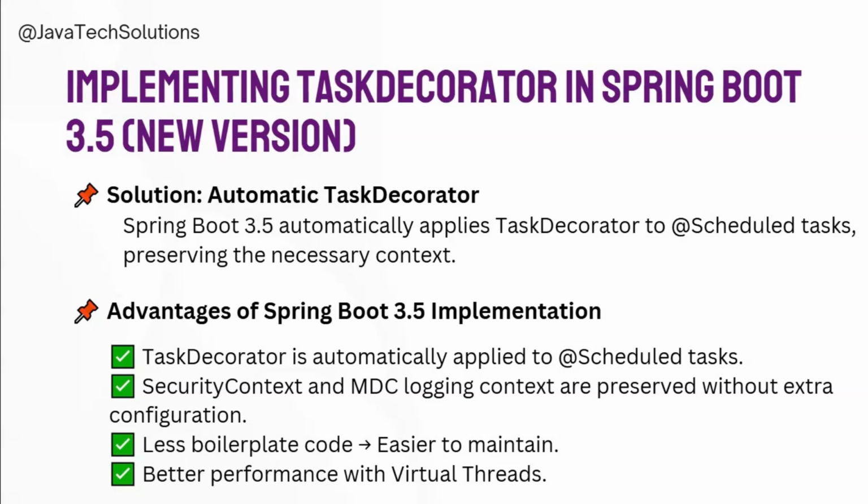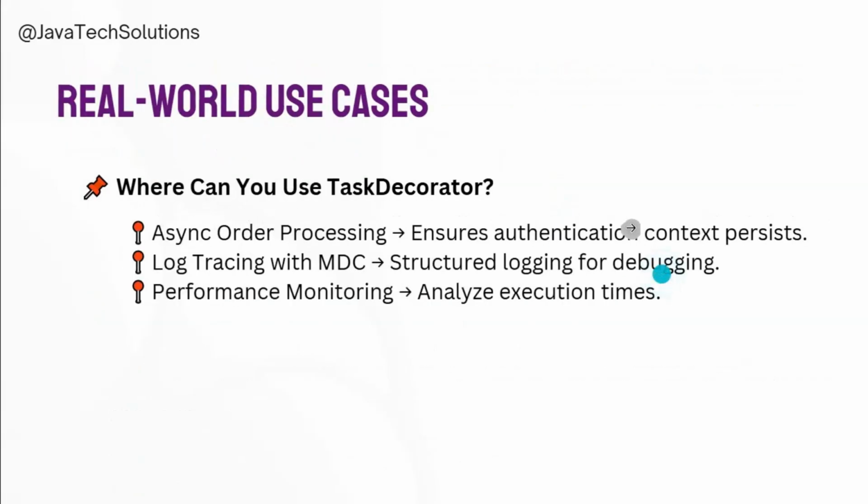Security context and MDC logging context are preserved without extra configuration. Less boilerplate code, easier to maintain. And it also improves performance with virtual threads. These are the things we can achieve with Spring Boot 3.5 for TaskDecorator.